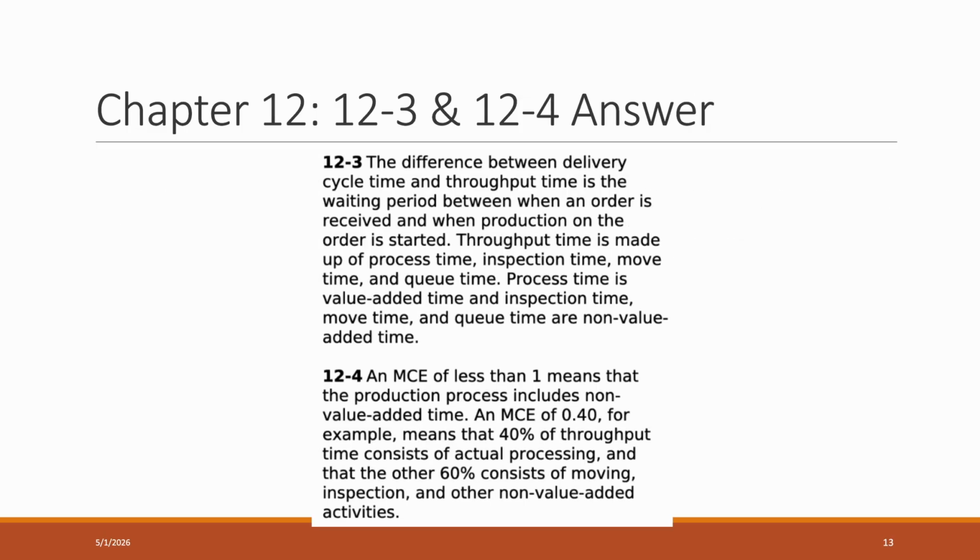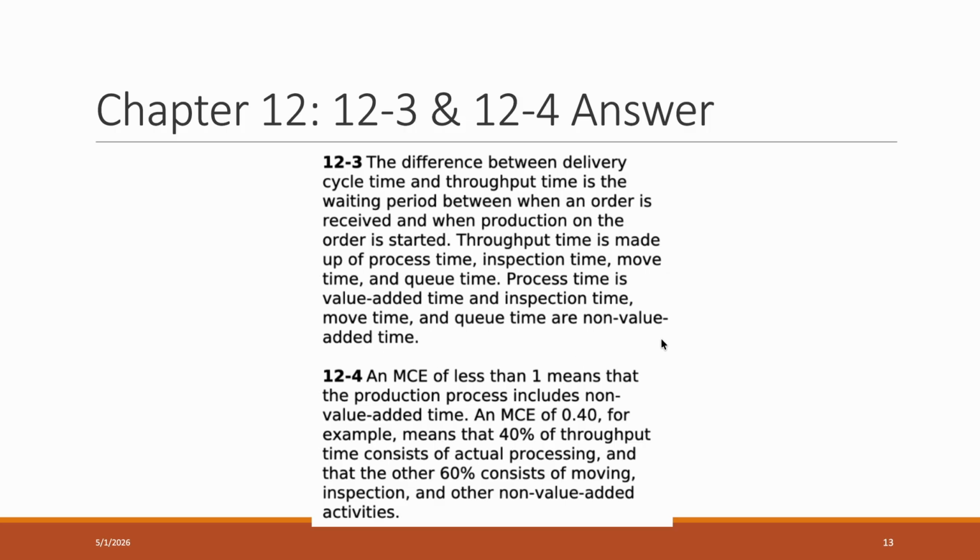Okay, 12-3. The difference between delivery cycle time and throughput time is the waiting period between when an order is received and when production on the order is started. Throughput time is made up of process time, inspection time, move time, and queue time. Process time is the value added time, and inspection time, move time, and queue time are non-value added time.